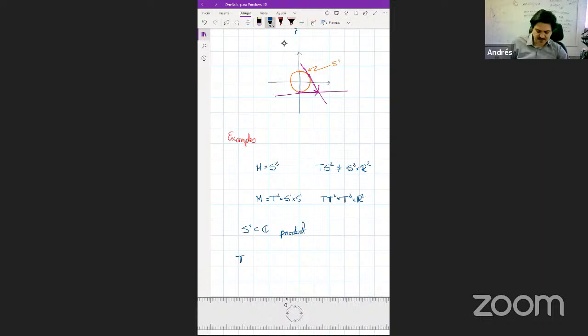Then for the torus, it's just the product of groups. Like this. Okay. So that's how the torus is a Lie group.